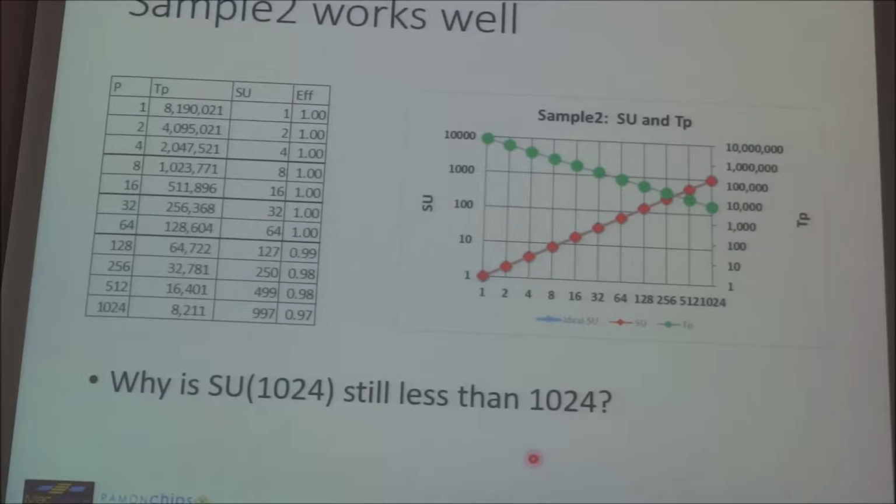And we were left with one question, and John gave a hint that he knows what to do here. Other people have ideas. Maybe Patrick has seen it before, but others may have ideas why 1024 cores only execute at a speed up of 997, and there are 24 plus 3, 27 processors short in the speed up.